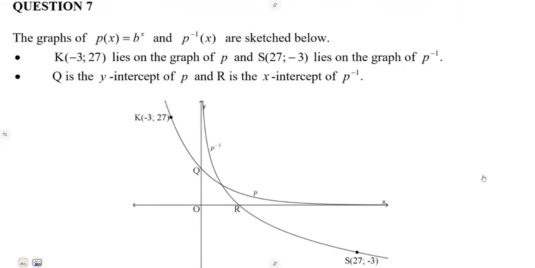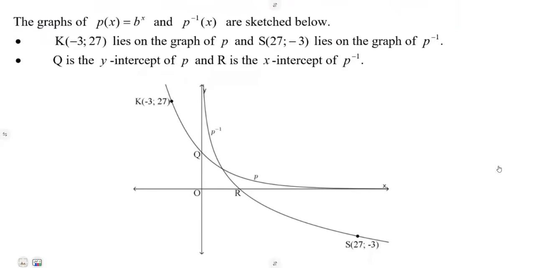There we are given the graphs of p(x) and its inverse are sketched below. So that is our p(x) here and its inverse. All right. So from there, we are given the point K, which lies on P, and the point S, which lies on its inverse.